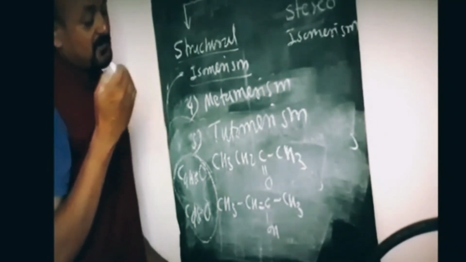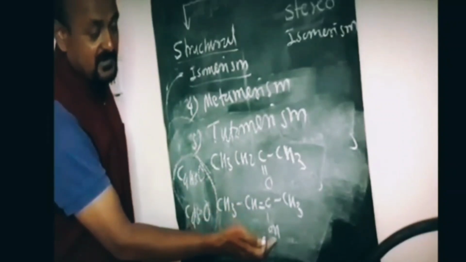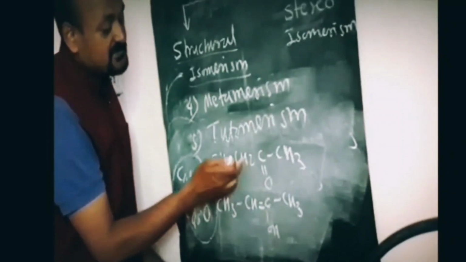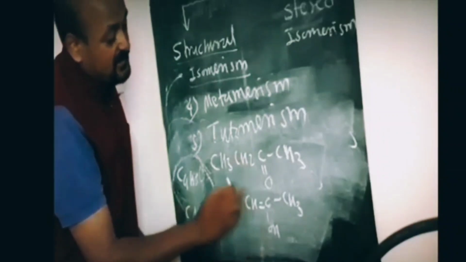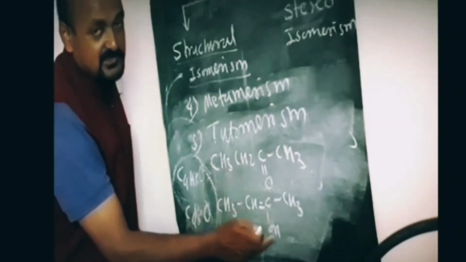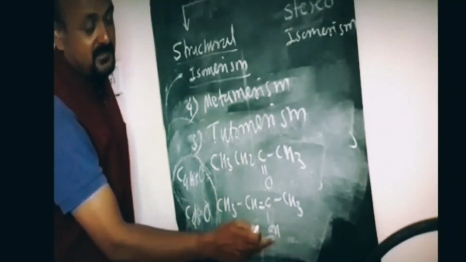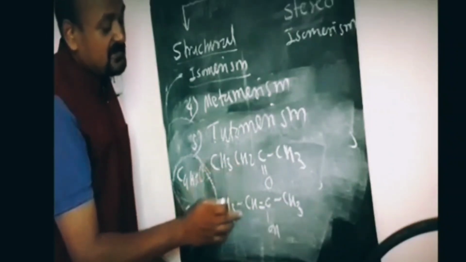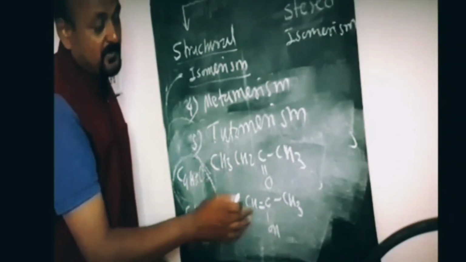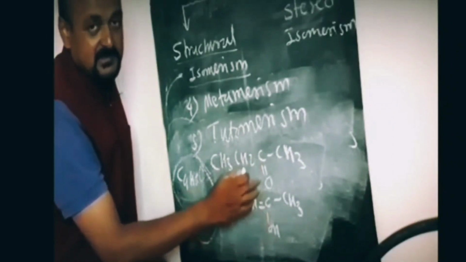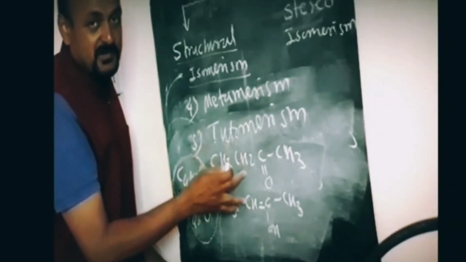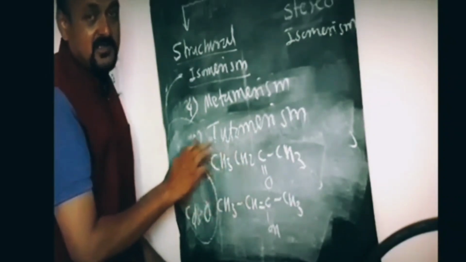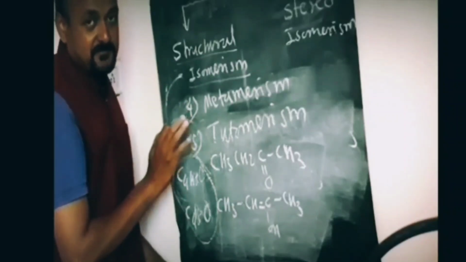But what about the position of hydrogen? Here the hydrogen is present at this position, whereas here this hydrogen is shifted to this oxygen. That means compounds having the same molecular formula, but the position of this hydrogen is different. So such isomers are known as tautomers, and this phenomenon is known as tautomerism.